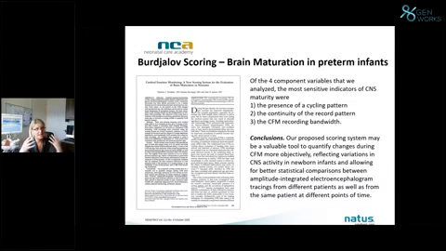So when they analysed 4 component variables, they found that the most sensitive indicators of central nervous system maturity were the presence of a cycling pattern, the continuity of the pattern, and the bandwidth of the cerebral function monitor recording. So they proposed this scoring system, and it is a valuable tool to quantify changes in cerebral function monitoring more objectively, specifically in this preterm infant group.